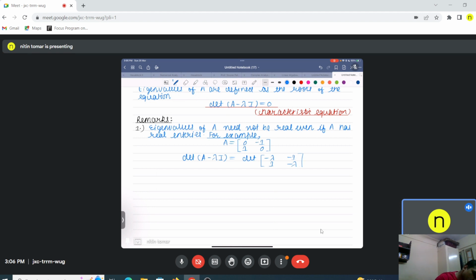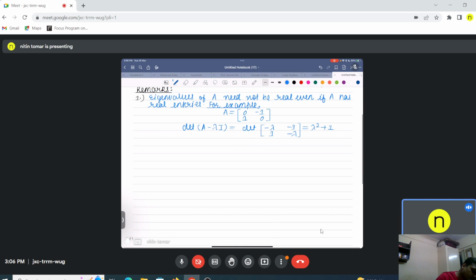So its determinant will be lambda square plus 1, and so this obviously shows that determinant of A minus lambda I is 0 has no real solution, right?